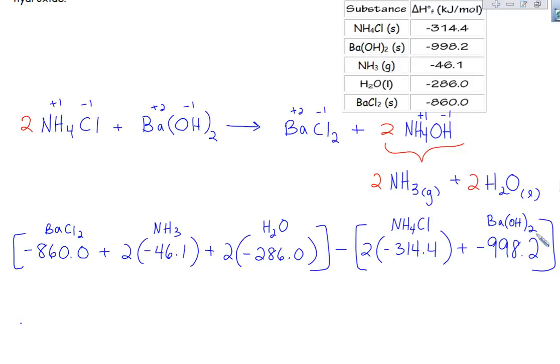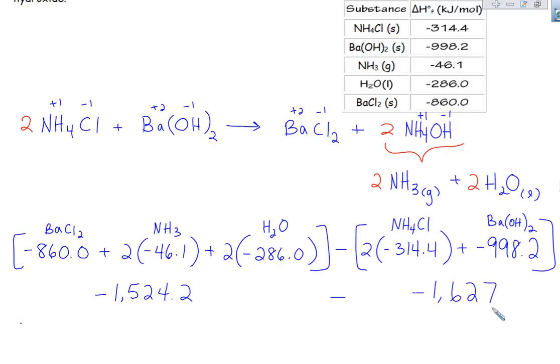Now this whole group gives me negative 1,524.2, minus this whole group, 2 times negative 314.4 plus the negative 998.2. So this grouping is about negative 1,627.